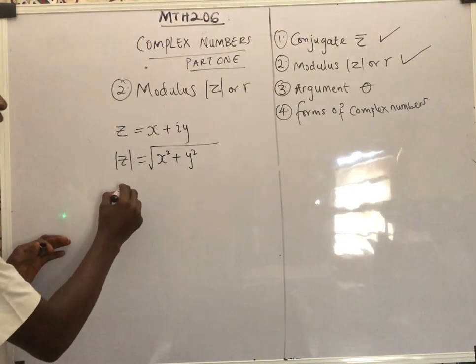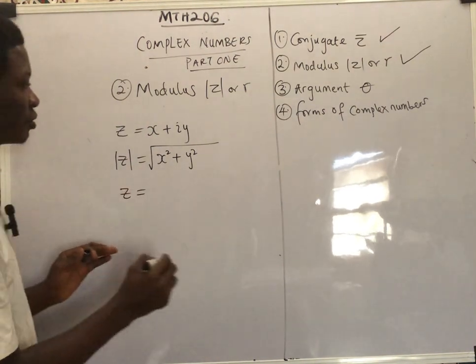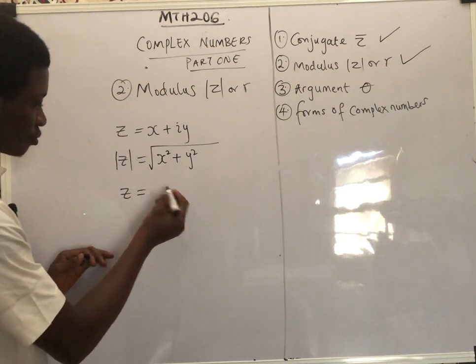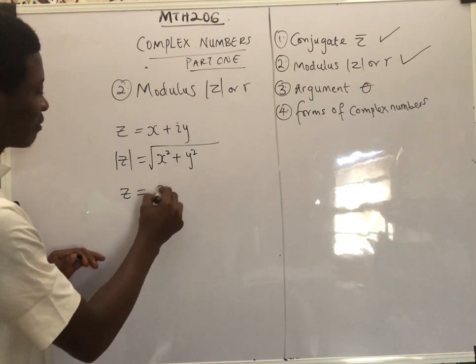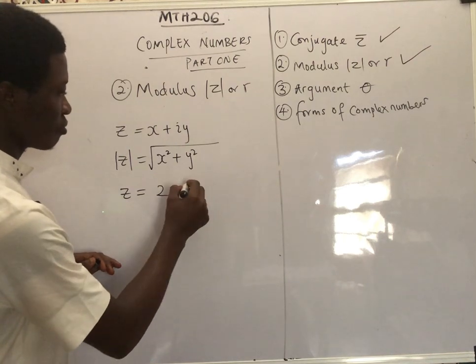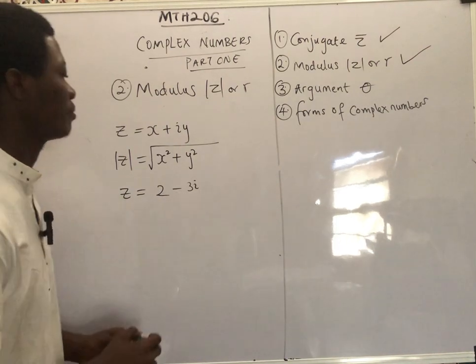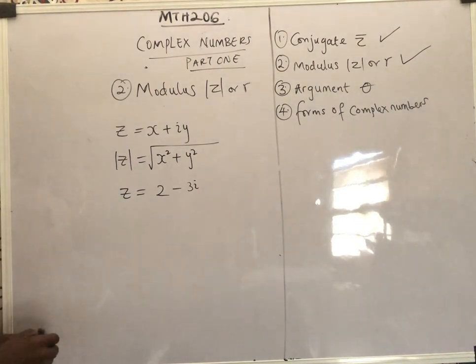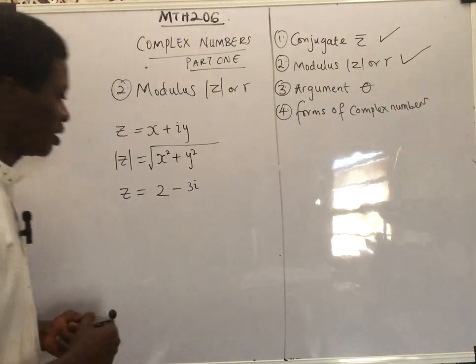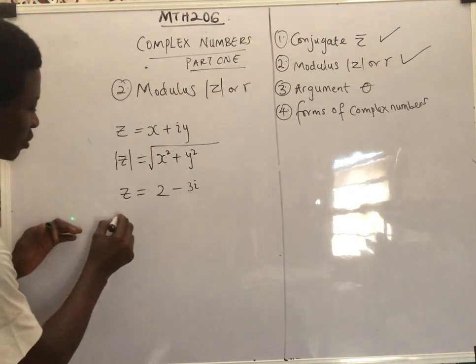Let's take for instance z equals 2 minus 3i, and we are asked to find the modulus. What are we supposed to do?